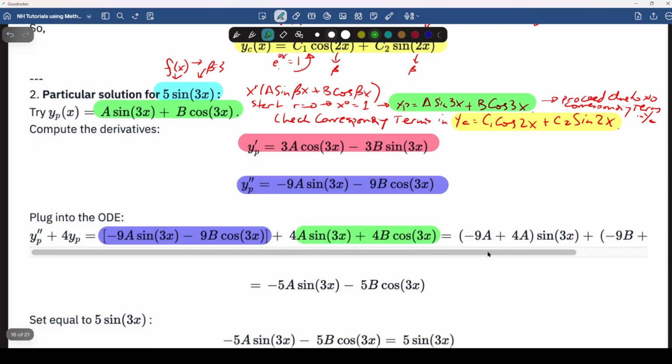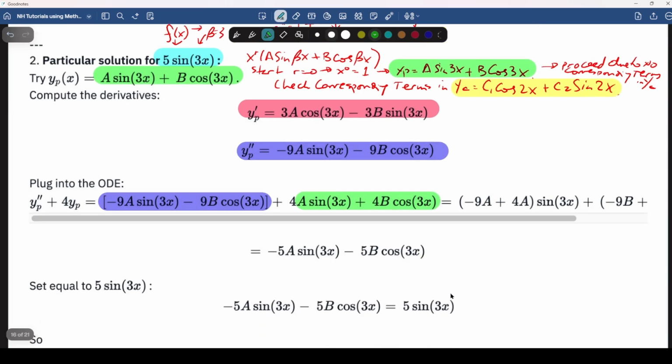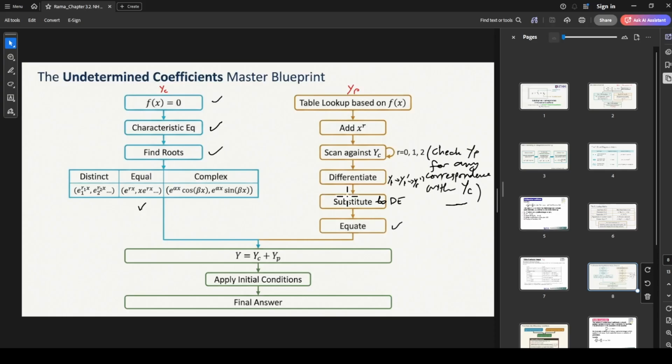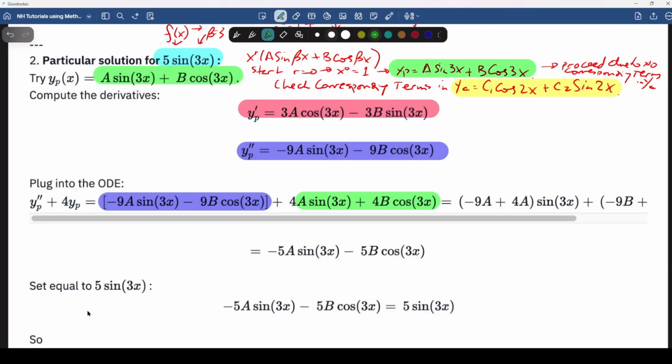So this equals negative 9a plus 4a sin 3x plus negative 9b plus 4b cos 3x. So we end up with negative 5a sin 3x minus 5b cos 3x. We then equalize this with the 5 sin 3x, which is our f of x, in blue color.